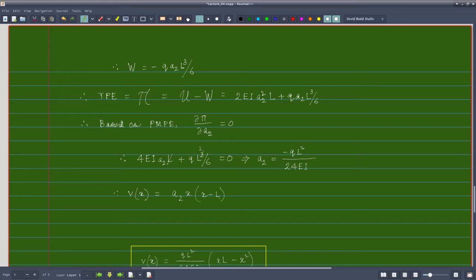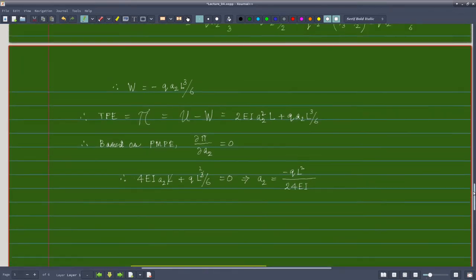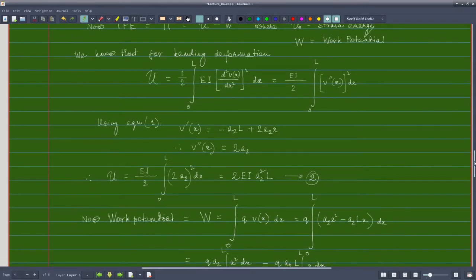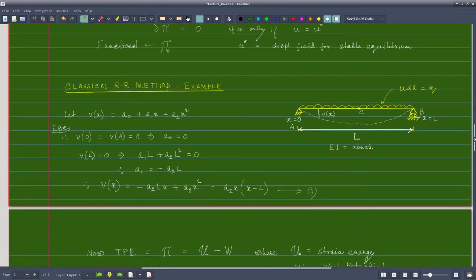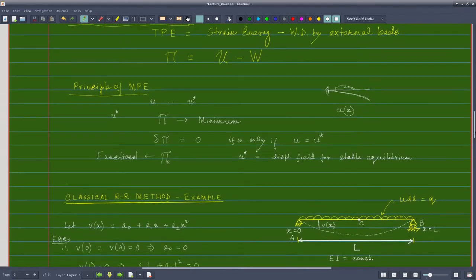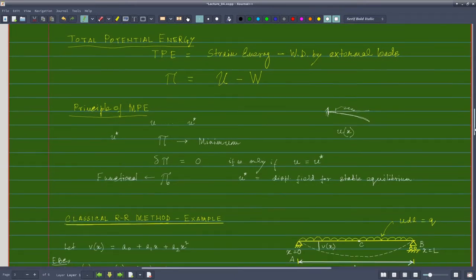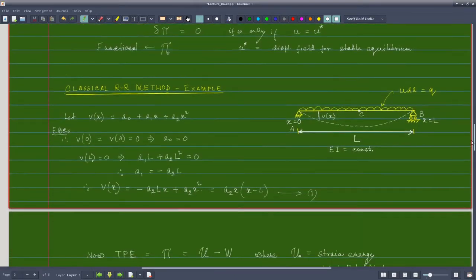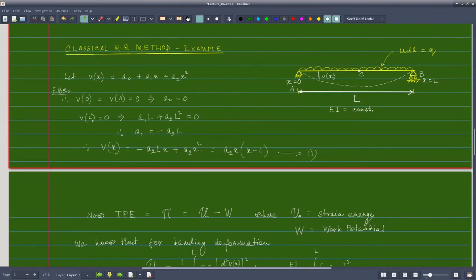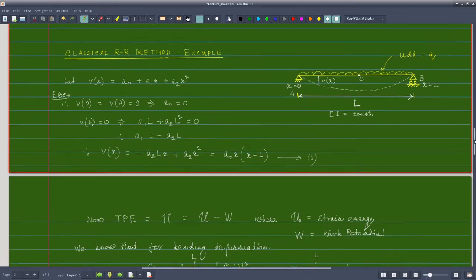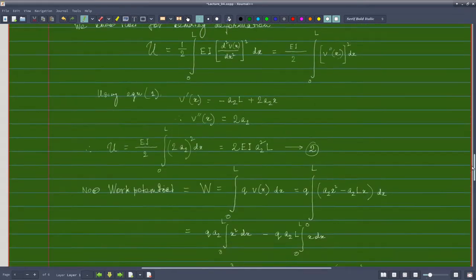All right. So now once I got the value of a2, we had a quadratic equation, so a1 and a2 are there. Therefore, what is my Vx? My Vx was a1x plus a2 into x square. So yes, this is my Vx. I'm okay. a2x into x minus l.